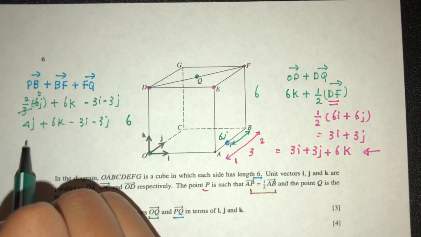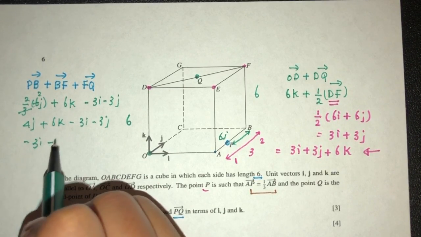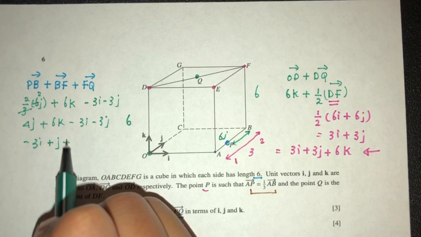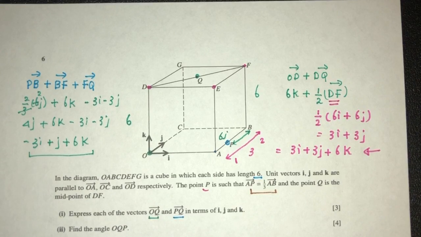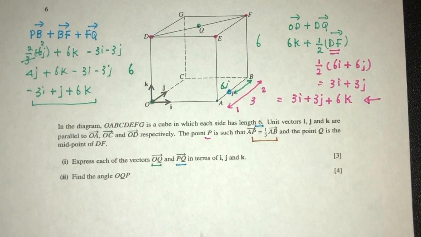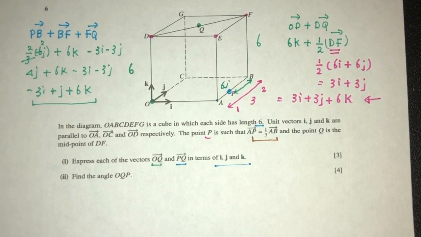That will give you minus 3i plus j plus 6k. That will be my vector PQ in terms of i, j, and k. That is part 1 of your question. Again, we have to use the diagram and try to move in the direction required to go from a point to the other point.